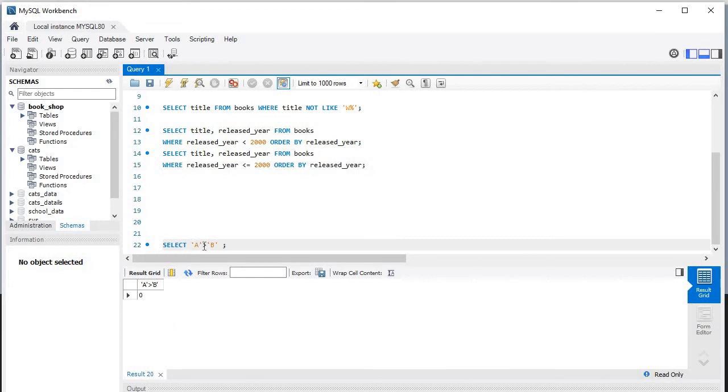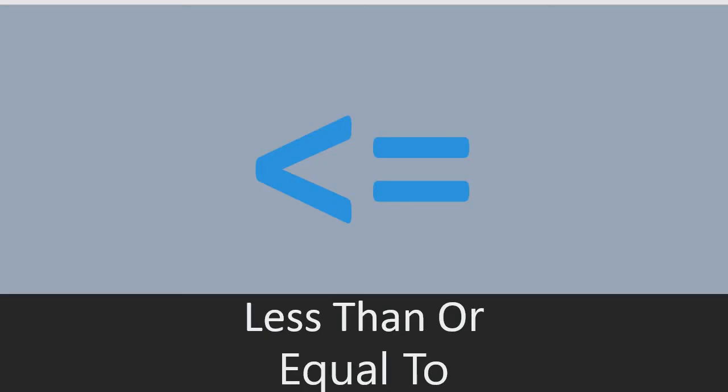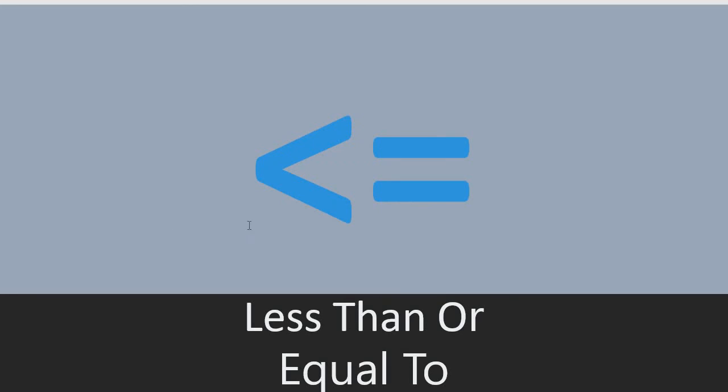A is not greater than B. Here if we give D, yes, D is greater than B. So alphabets are also included. So this is about all the logical operators which I have used, how we have to use less than, greater than, less than or equal to, and also greater than or equal to.